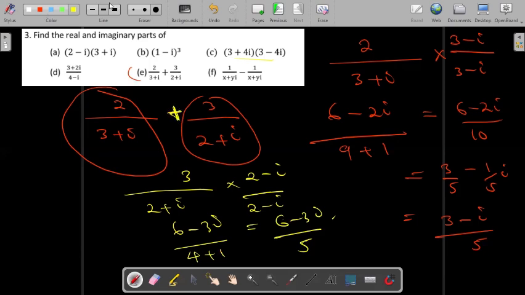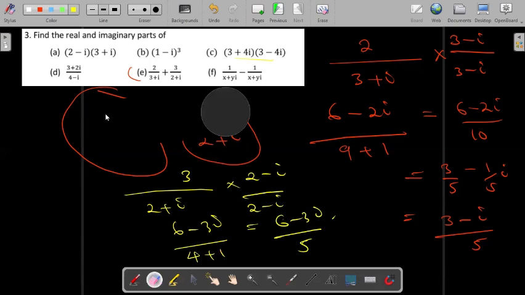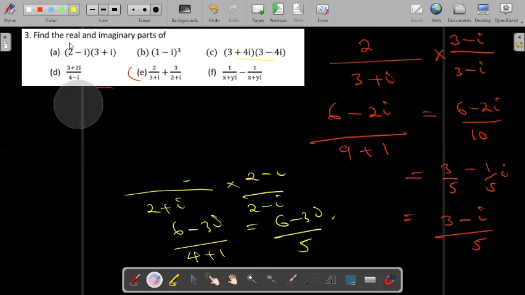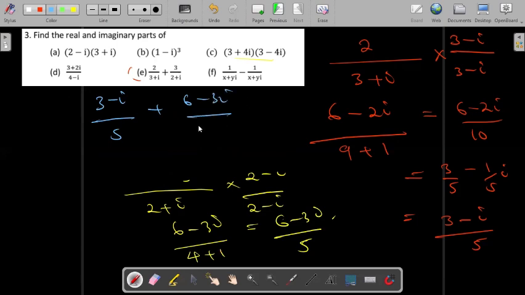Then there's a plus sign in between, as you can see in the question. So we just add those two together, the one at the left and the one at the right. So you have 3 minus i divided by 5, then you add in the 6 minus 3i, divided by 5.